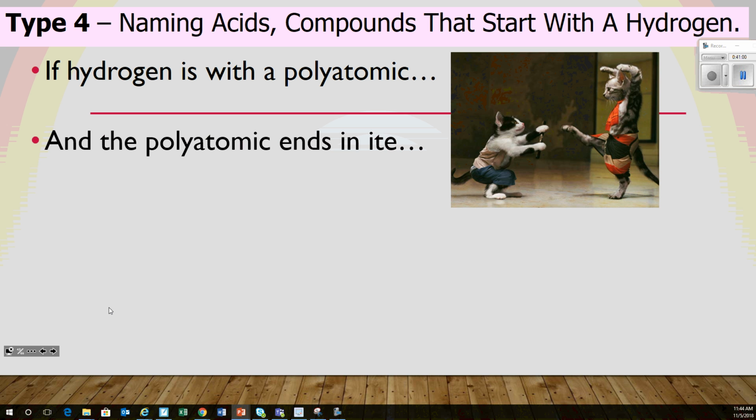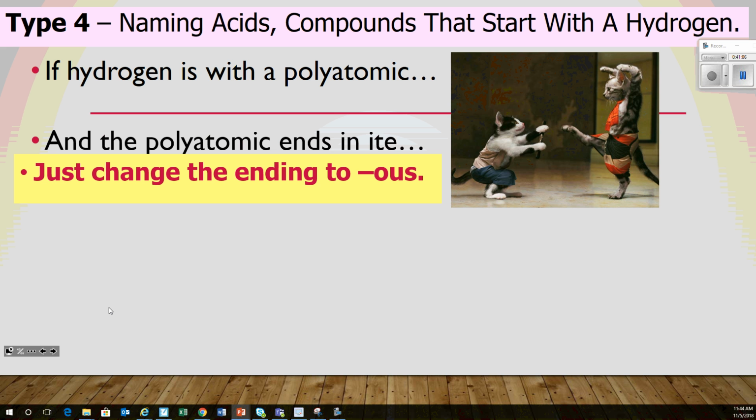So just remember, OS goes with fight. So write this down somewhere because this is your little hint here. There might not be a place specifically, but put it down. So if the polyatomic ends in ite, change the ending to OUS. Or if I have an acid that has an OUS ending, I got to remember it was a polyatomic that was ite. OS, we got in a fight.